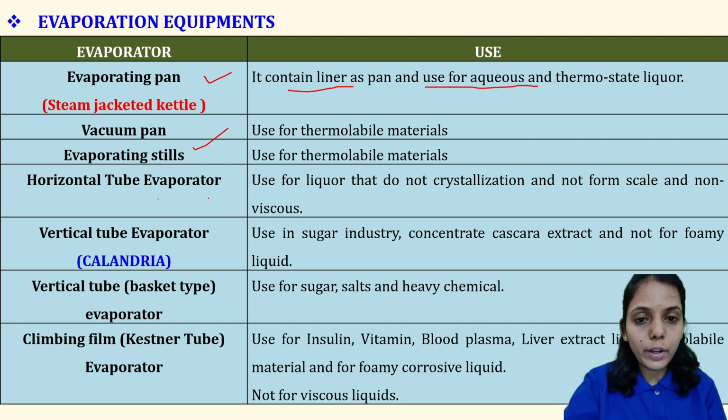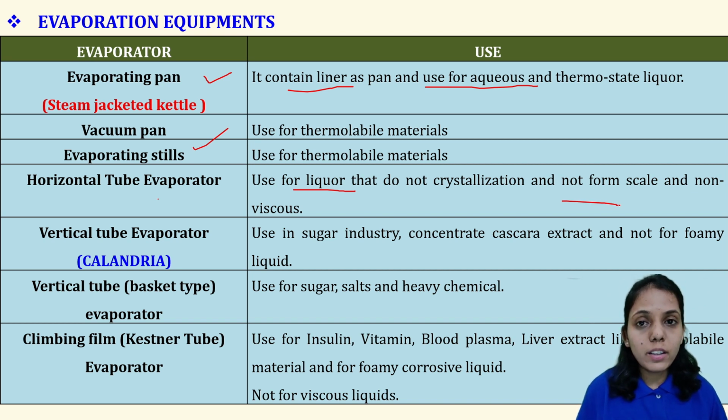Horizontal tube evaporators are used for liquors that do not crystallize, do not form scale, and are non-viscous. So for materials which will not form crystallization or scale and are non-viscous, horizontal tube evaporators are used. Vertical tube evaporators, that is the calandria. Remember this one.